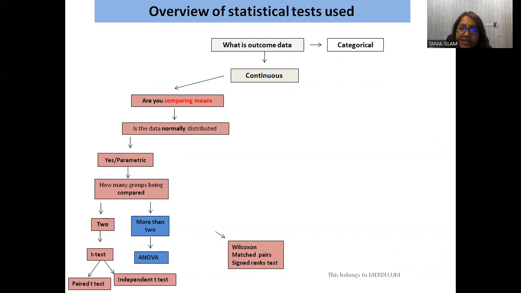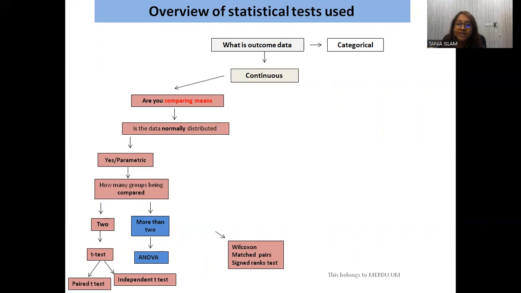So after entering data in SPSS, which we will go through in detail tomorrow, I want to explain a bit more. Although it's not useful now, you need to know how you are going to choose your statistical analysis. As I mentioned, depending on the outcome data or outcome variable, we choose the statistical analysis.